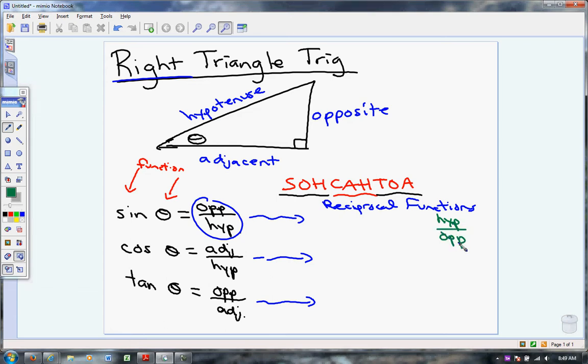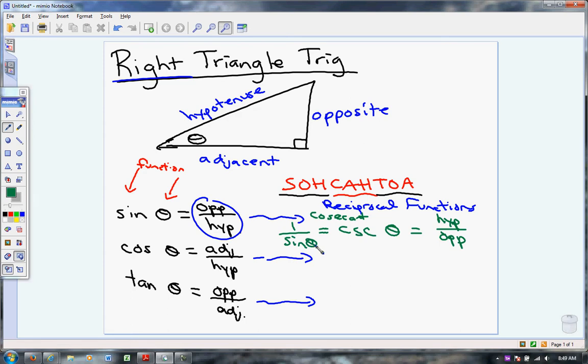Well, what is the name of that function? It is the cosecant. And we abbreviate it with CSC. Cosecant is the way you say that. But we just write CSC, cosecant of theta, equals the flip of sine. As a matter of fact, we can even say that cosecant of theta is 1 over the sine of theta.